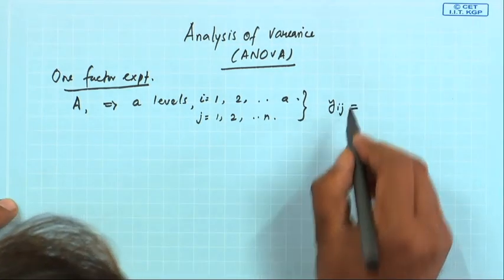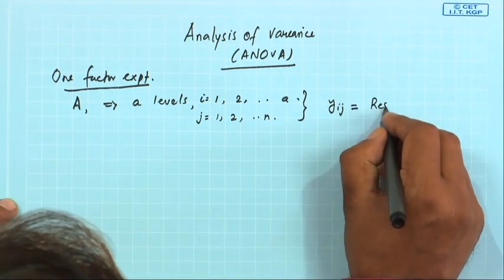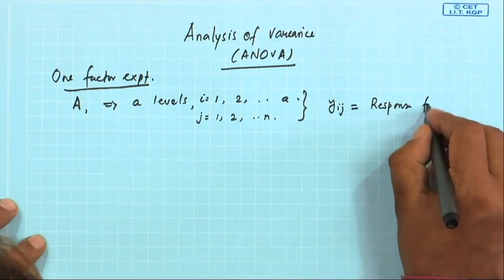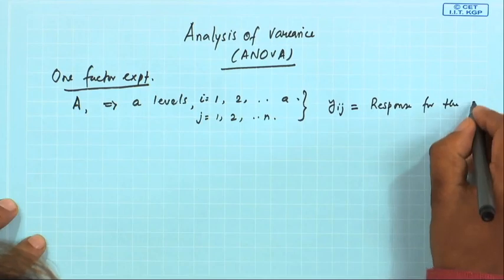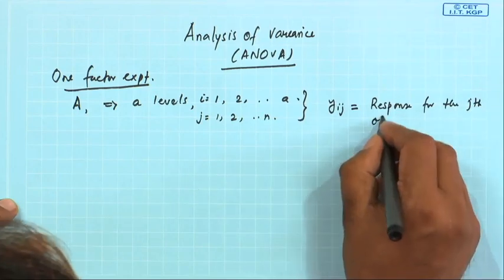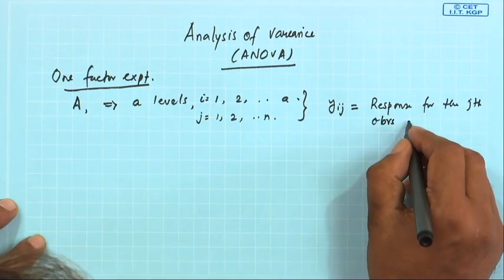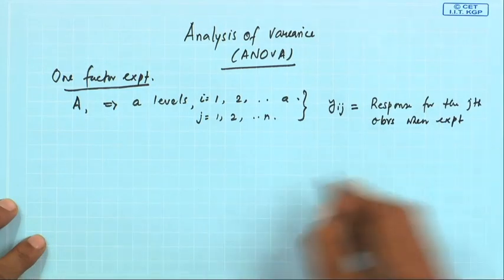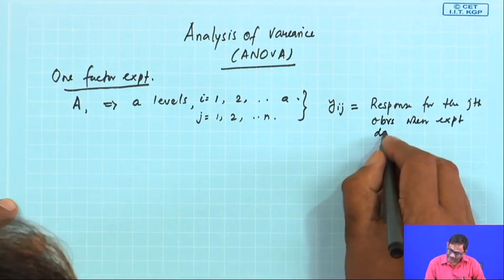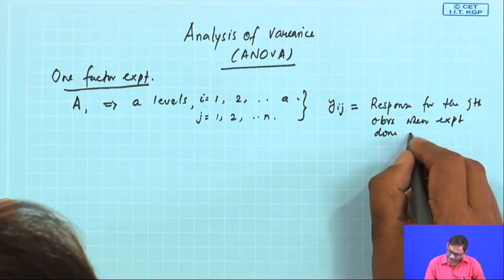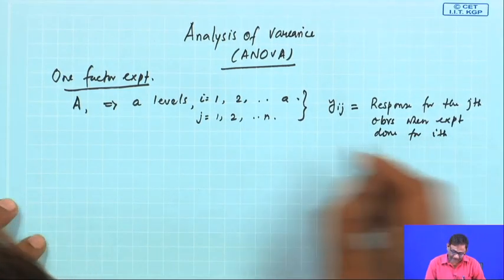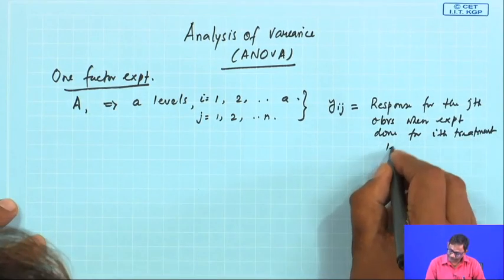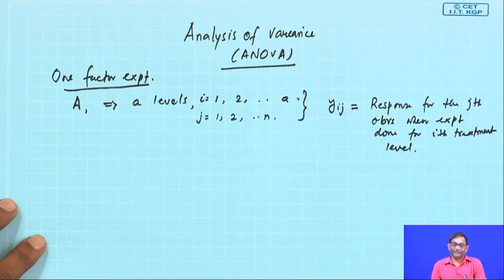What does it mean? This is the response for the jth observation when the experiment is done for the ith treatment level.